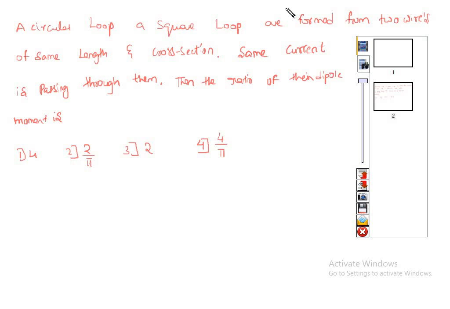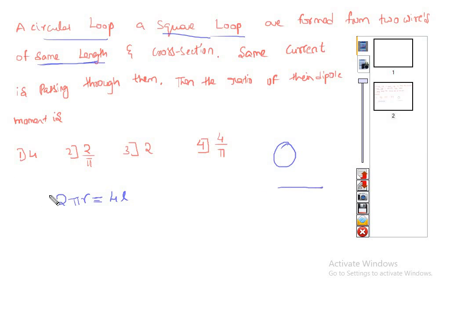So let's get started. Check the condition: a circular loop and a square loop are formed from two wires of the same length, so the length is the same, the cross section is also the same, and the same current is passed. We need the ratio of the dipole moments. We equate their perimeters, because they have the same length; even though the wire is bent, the perimeter will not change.